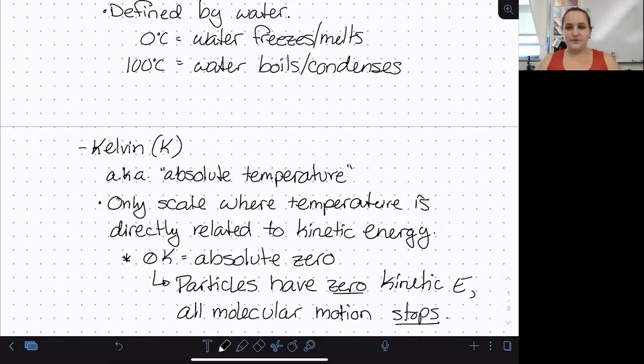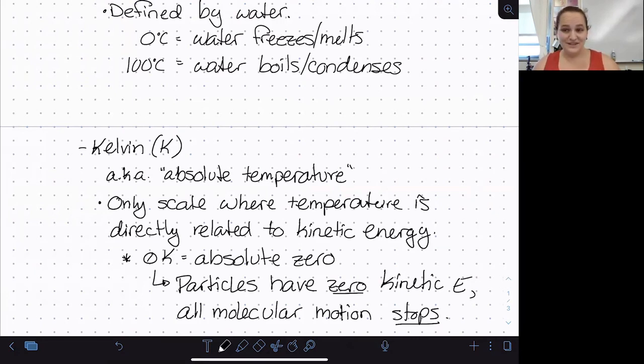So at absolute zero, literally nothing is moving. All particles have zero kinetic energy. Everything stops completely. So in the Kelvin scale, we're really directly measuring how much kinetic energy something has, in different units, of course. But the temperature in the Kelvin scale is directly related to the kinetic energy. Zero actually means something here.